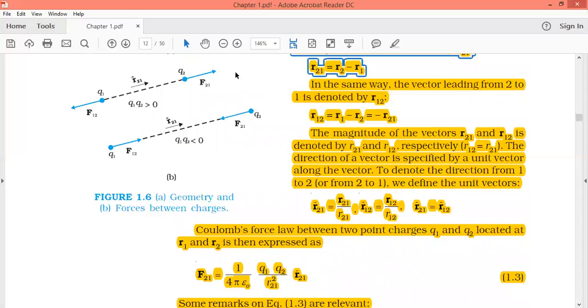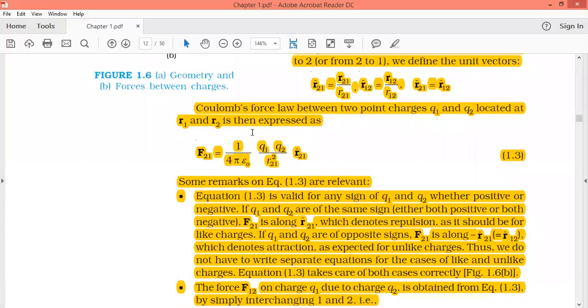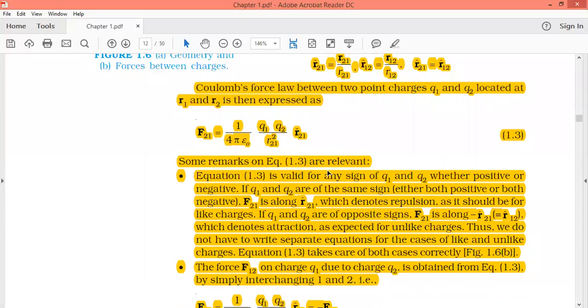Here we have taken like charges, here we have taken unlike charges. So this denotes attraction as expected for unlike charges. That is why there is no need to write a separate equation for like charges and unlike charges. The same equation holds good for both cases.